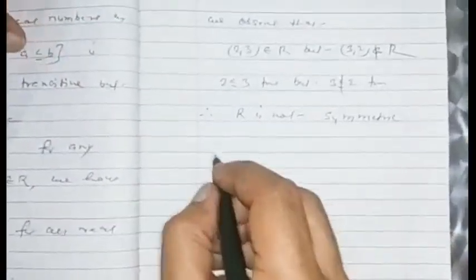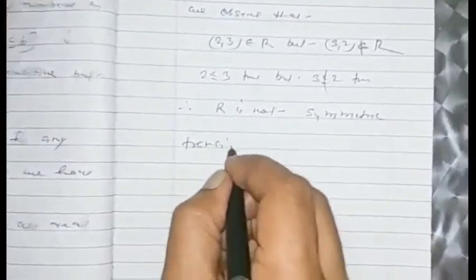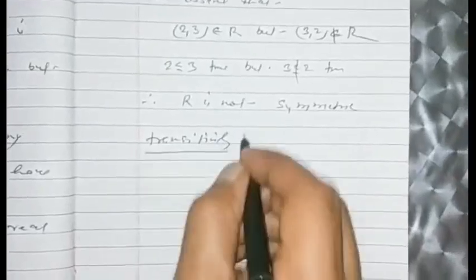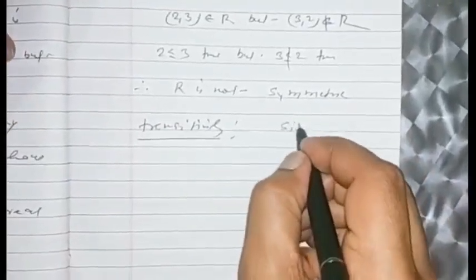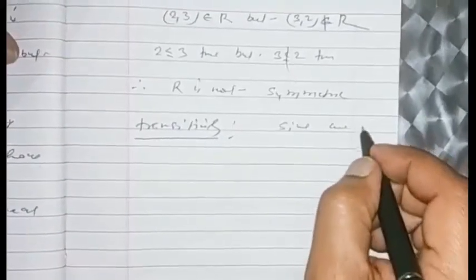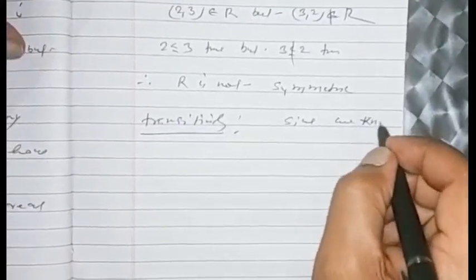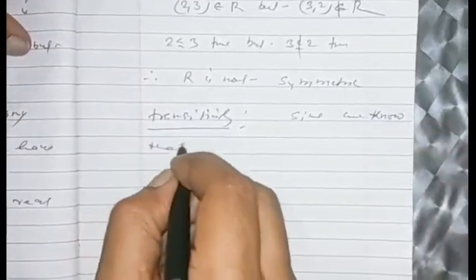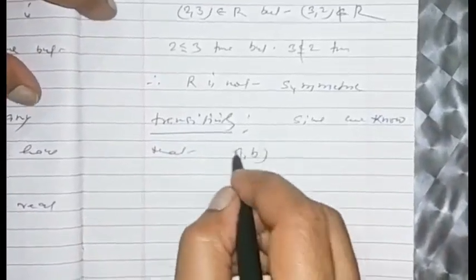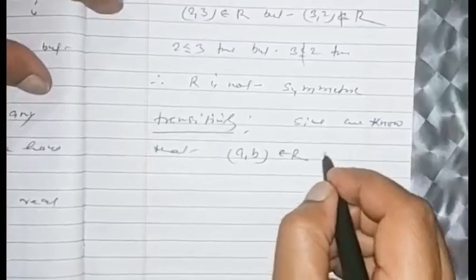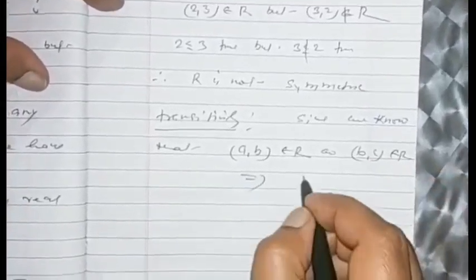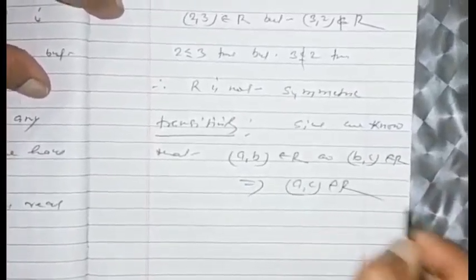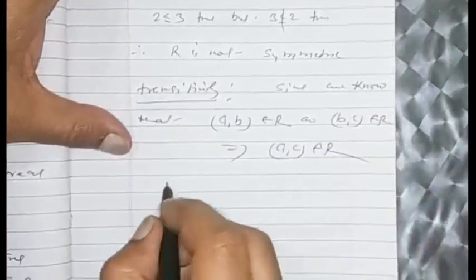Now next, transitivity of relation. We know that if the ordered pair (a, b) belongs to R and (b, c) belongs to R, this implies (a, c) belongs to R. This is the condition for transitivity. We take an example.